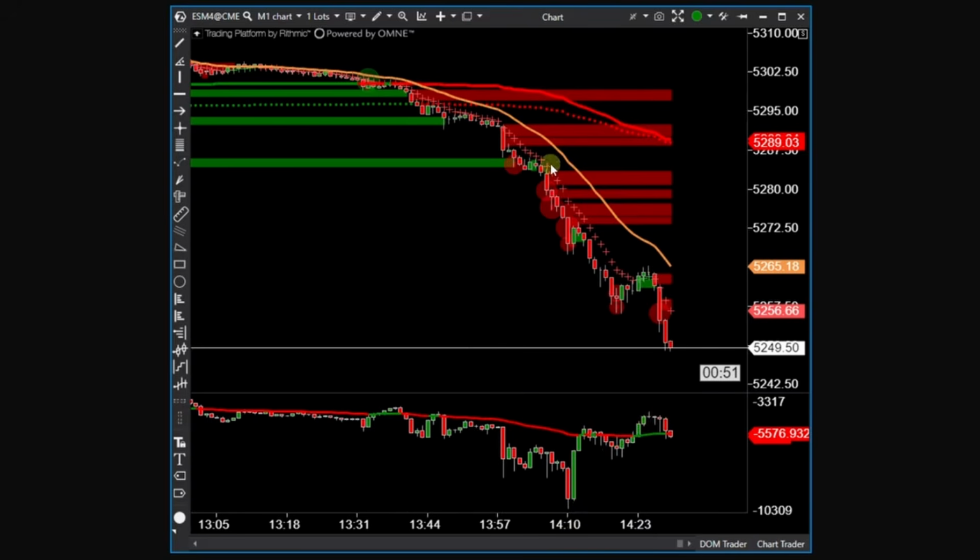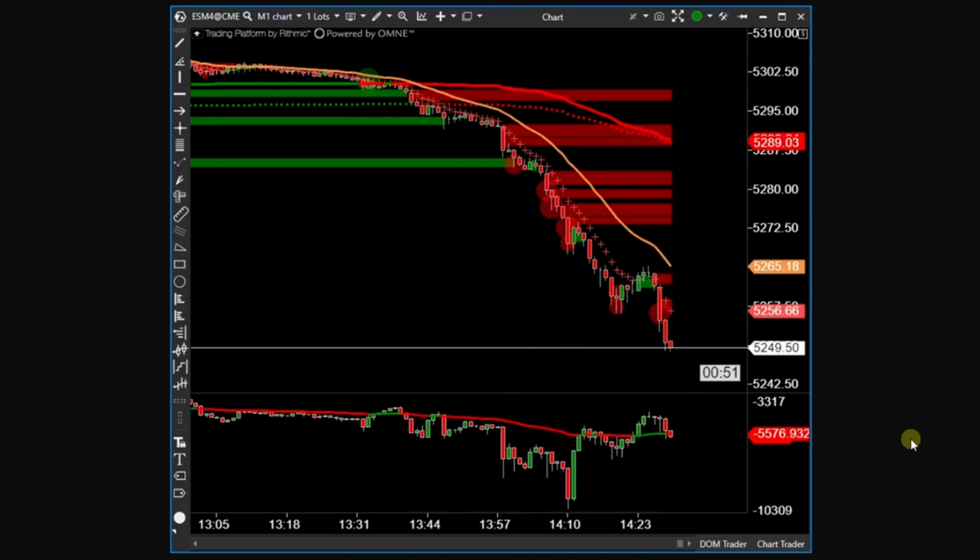Delta is pushing up, price is pushing down. We could make an argument that this cluster of buyers are being absorbed because we have all this bullish delta coming in, but they are not getting what they want. You always have to ask yourself, is the delta getting what they want?